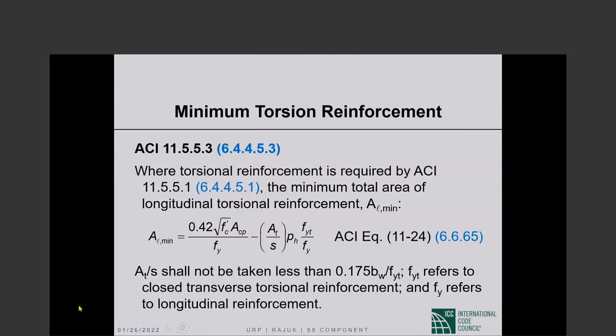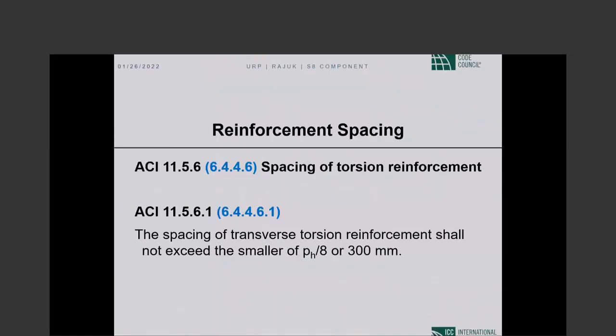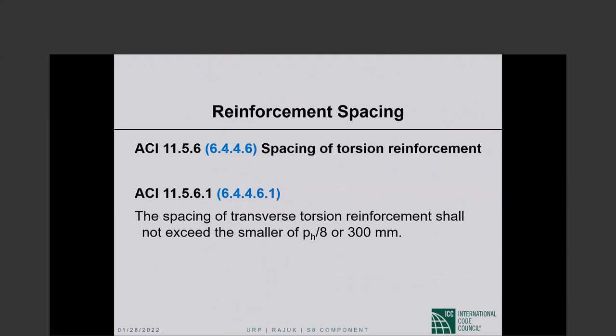And I keep on reminding you, this is additional to whatever we have to have for flexural and axial loads. Okay. The A sub T over S shall not be taken any less than given by that expression. F sub YT refers to closed transverse torsional reinforcement. F sub Y refers to longitudinal reinforcement, as I mentioned already.